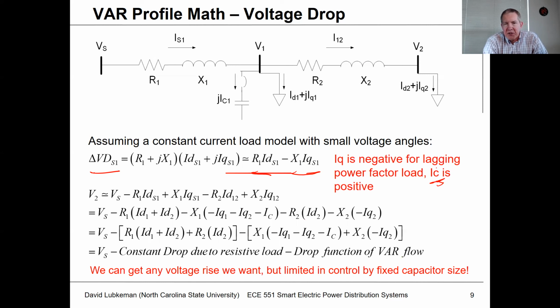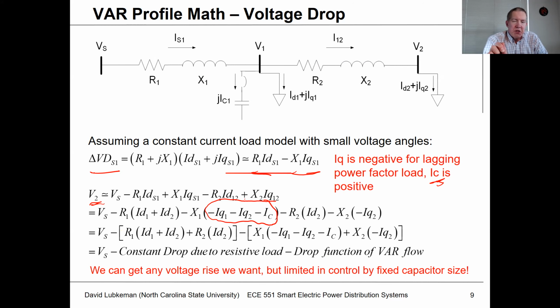And if I do something similar to the previous slide, where now I focus on what V2 is, that's going to be the source voltage minus the drop across the first line segment minus the drop across the second line segment. If I set this up in terms of the real and imaginary parts of the load current, I see something similar again, where I have a voltage drop component that can be adjusted through using different sizes of that compensating capacitance.